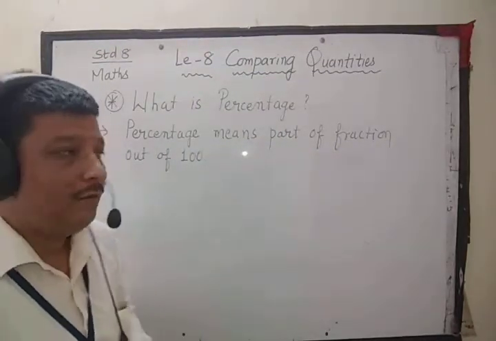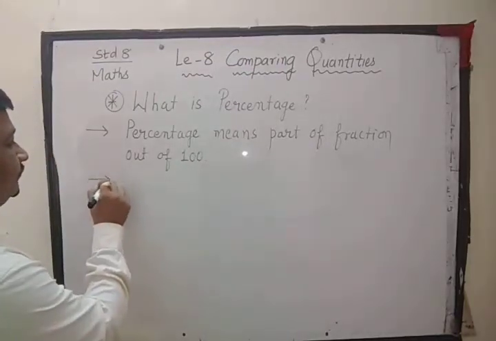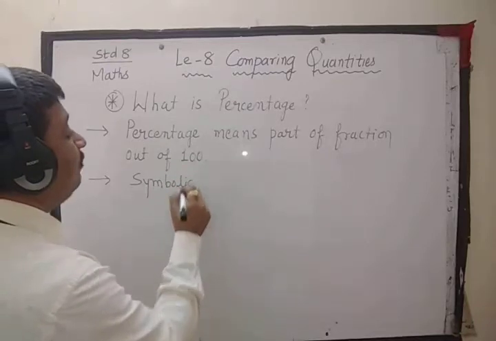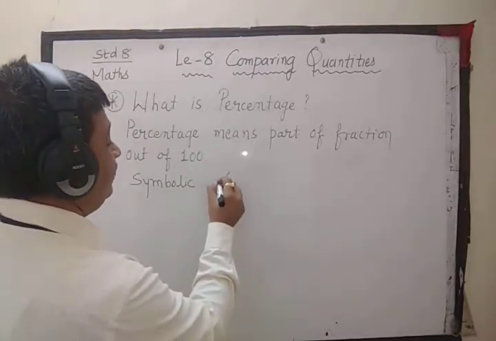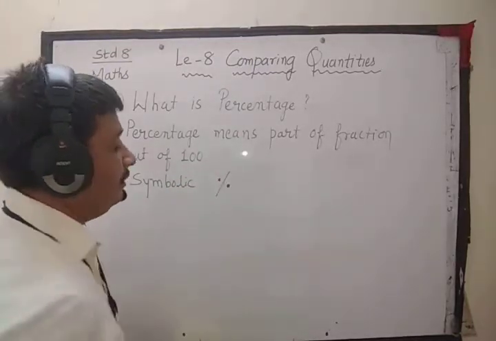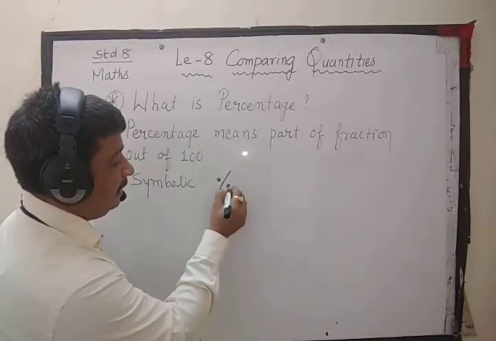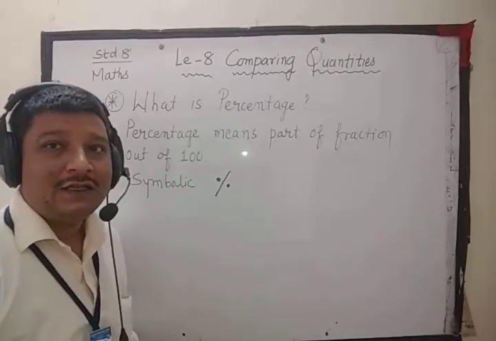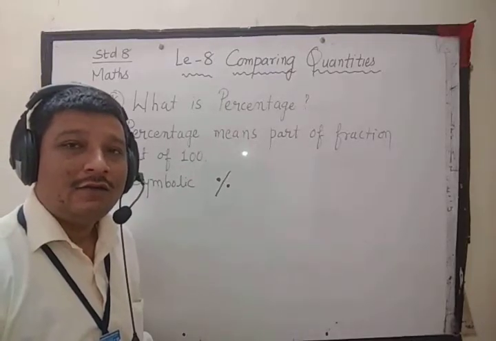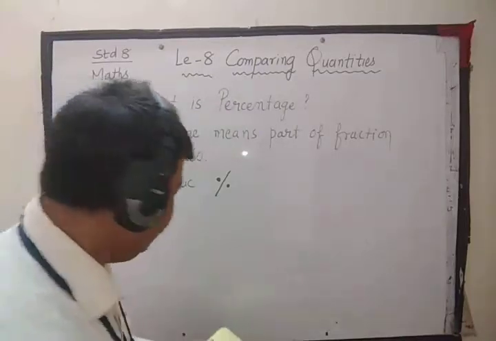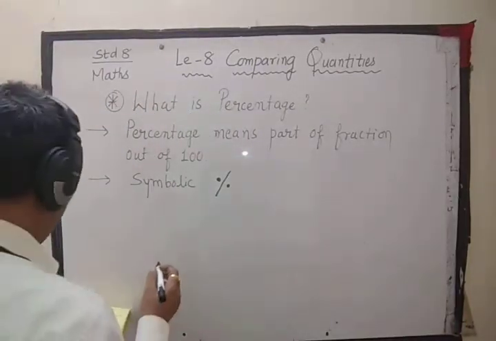Now the symbol of percentage: this way, not like division, but like this, with two dots. So this is a symbol which helps us understand this is a percentage sign. Clear?